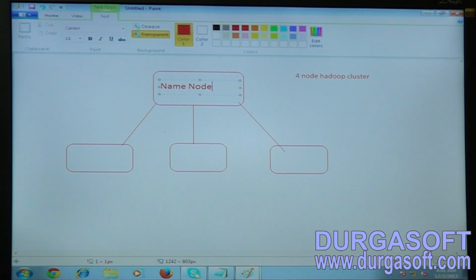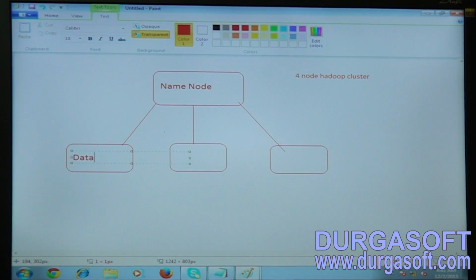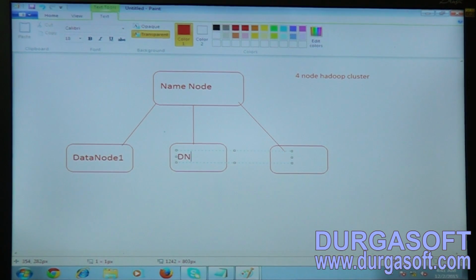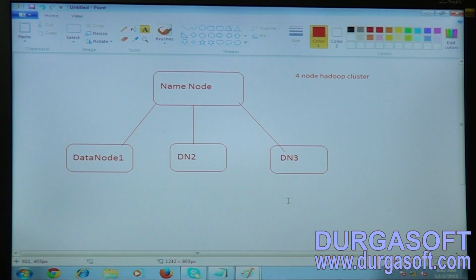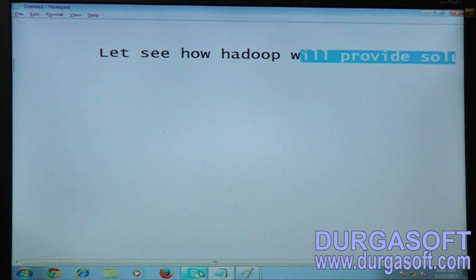In the Hadoop system, instead of slave nodes, we have data nodes: data node 1, data node 2, data node 3, right? Okay, let's see the problems.